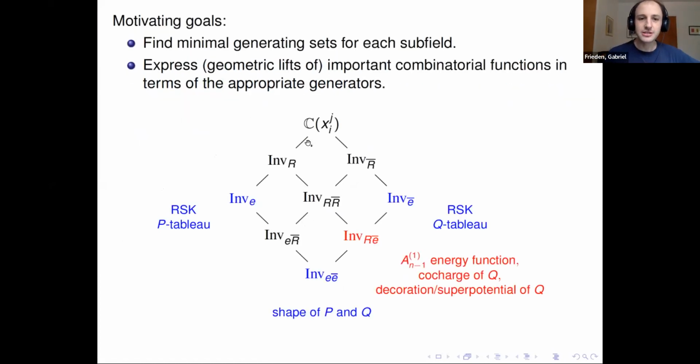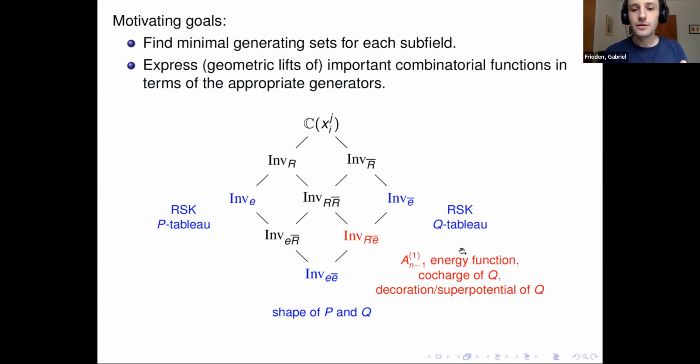The motivation is that there are various interesting functions. So Pasha talked about this energy function, or there's also the co-charge of a tableau, which is a function that maybe some of you have seen that is related to the Hall-Littlewood polynomials. And these functions are invariant under various families of these operators.